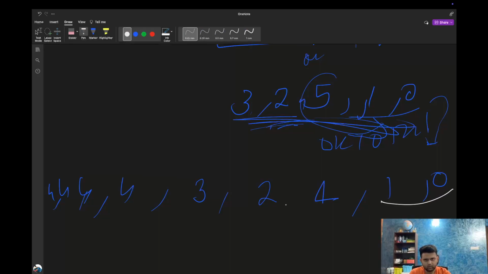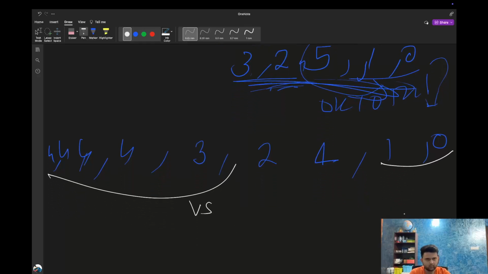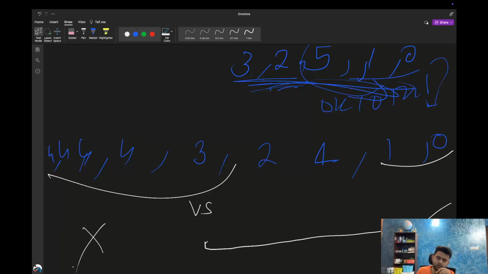If I take 0, 1 and then 3, 4, 4, 4, versus I would have taken 0, 1, 2, 3, and I won't take any 4s. So it's not always easy to say that.